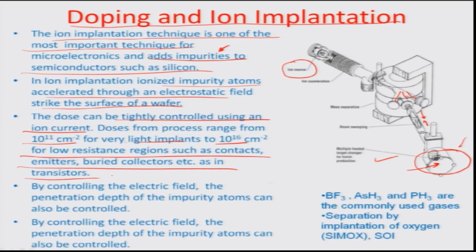So, by controlling the electric field, the penetration depth of the impurity atoms can also be controlled, and the typical gases which are used for generating the different ions, whether it is boron, arsenic or phosphorus, are BF3, arsenic hydride, AsH3, phosphorus hydride, PH3, etc. The separation by this method, resulting in an implantation of oxygen, can produce something which we better know as silicon on insulator, SOI, or CMOS wafers.